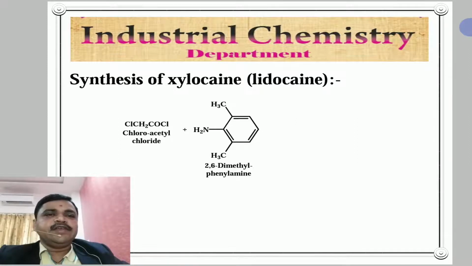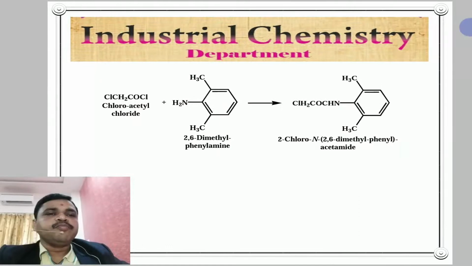Xylocaine is synthesized from chloroacetyl chloride and 2,6-dimethylphenylamine. Here the structures are stated: 2,6-dimethylphenylamine and chloroacetyl chloride. A condensation reaction takes place, with removal of hydrochloric acid.